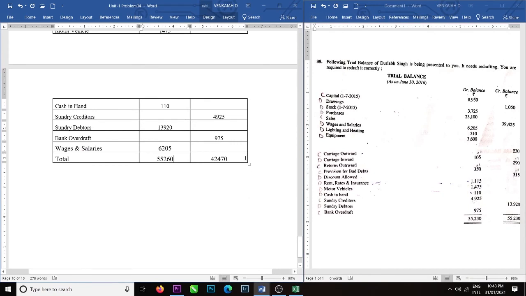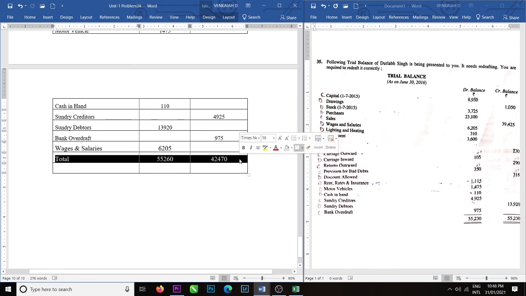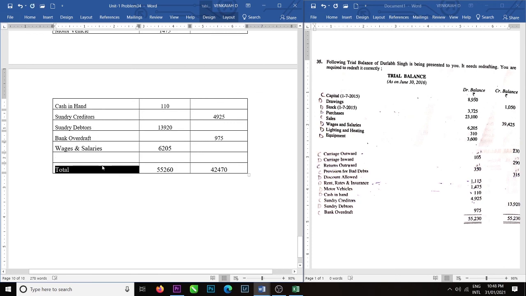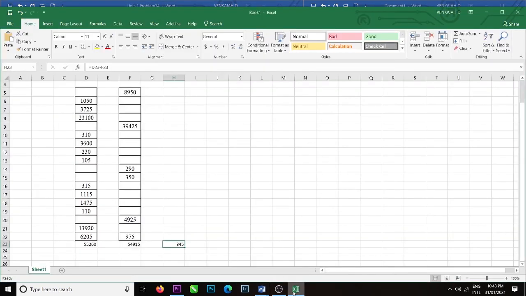We will take one column, suspense account, 345. Okay, when we post this 345, then we will get balanced totals, 55,260, both are the same.